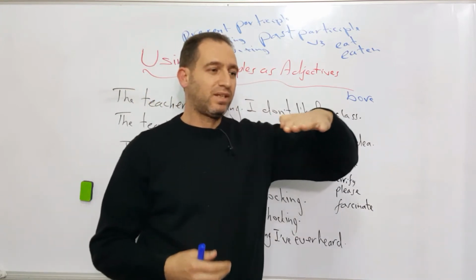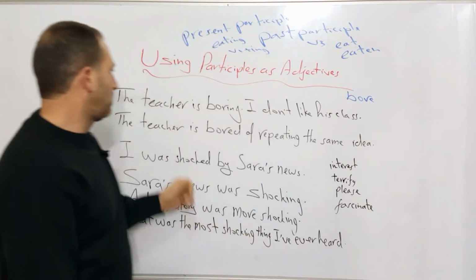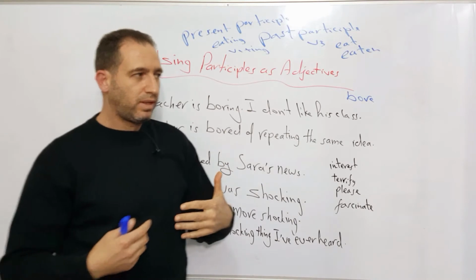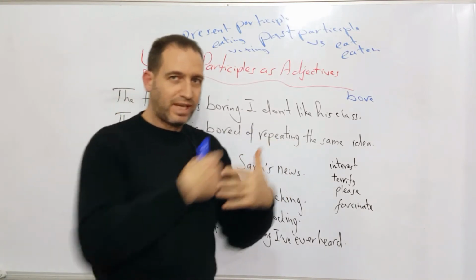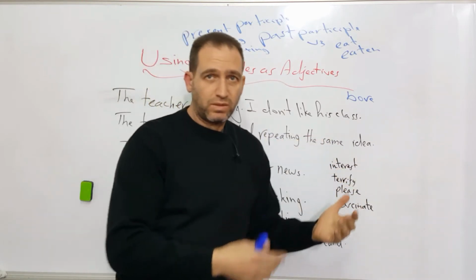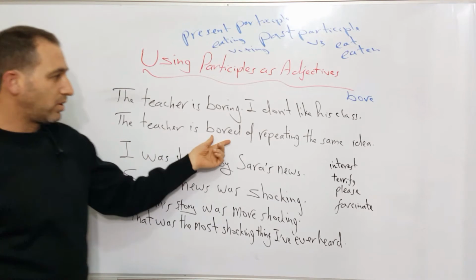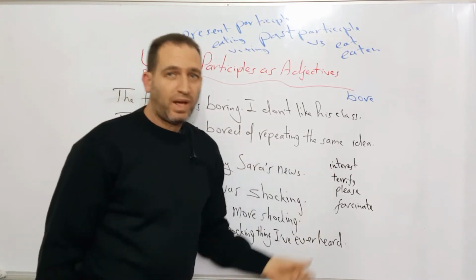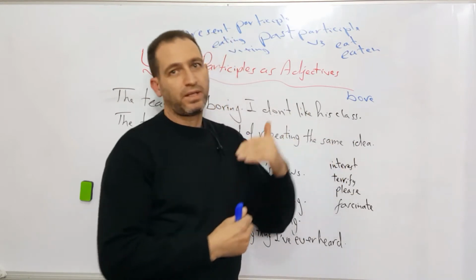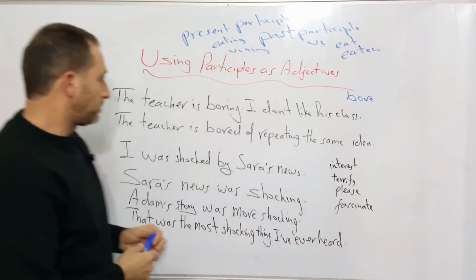The class is just moving the same way all the time. So the teacher is boring. The teacher here is exporting, the teacher is sending the boredom to the students, okay? How about this sentence? The teacher is bored of repeating the same idea. So now it's not the teacher who's affecting, the teacher is being affected by repeating the same idea.